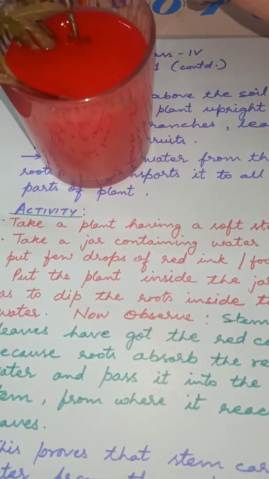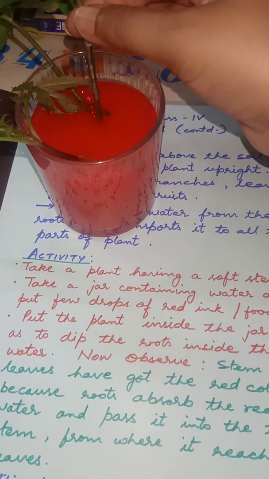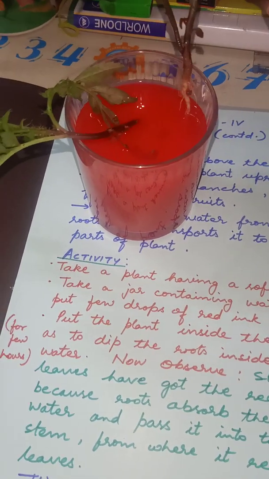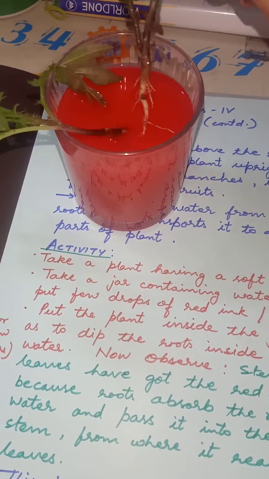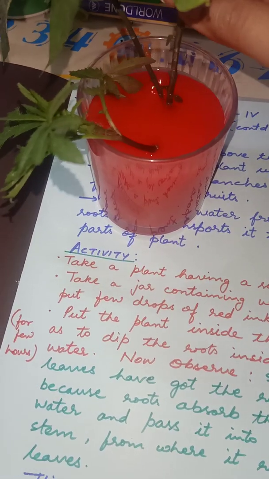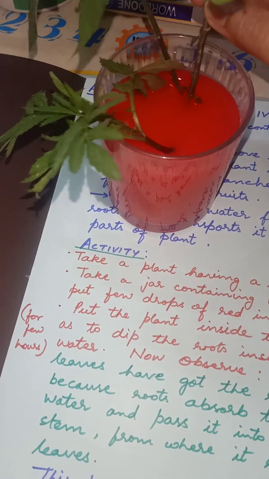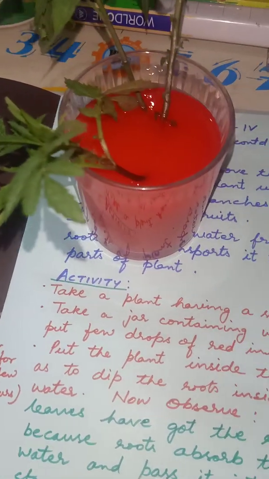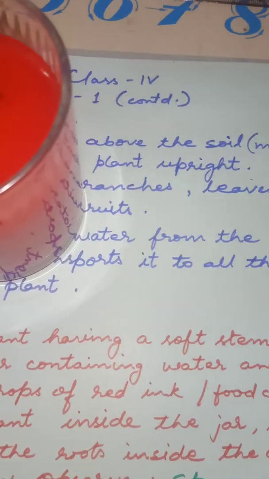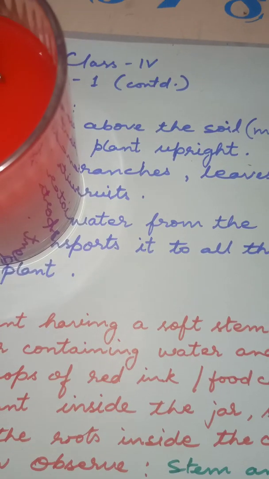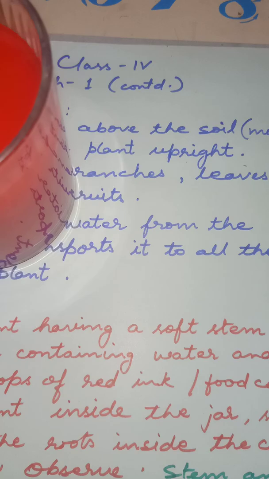That means if you take out any of the plant, after some time you will gradually see that the root is absorbing the colored water. Side by side it is also transporting that colored water into the stem, and from the stem you will find that the colored water is being transported to leaves also.